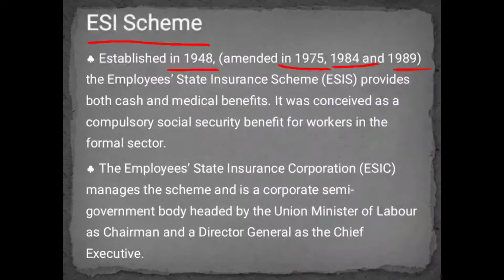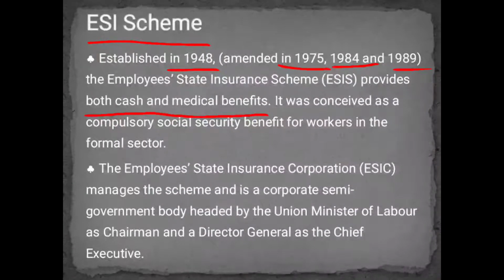The Employees State Insurance Scheme provides both cash and medical benefits. See, there are ESI hospitals, some means where you can get the ESI benefits. Such hospitals are there, and there you can get medical benefits, and also cash benefits. Just one example I will be giving.